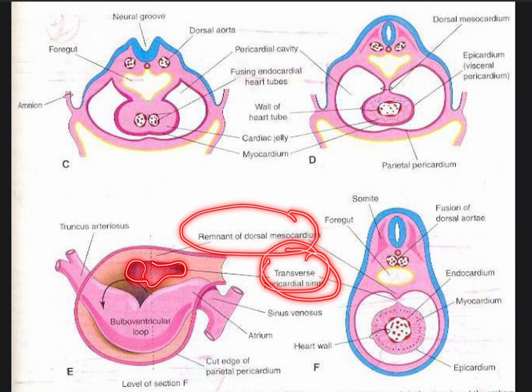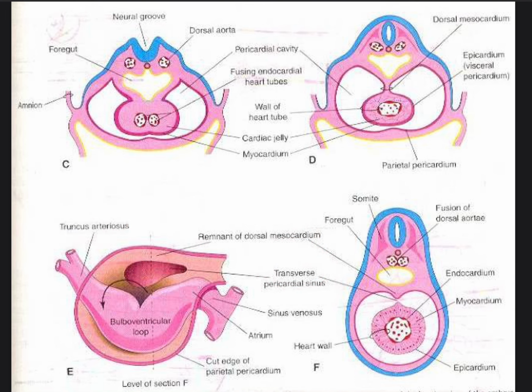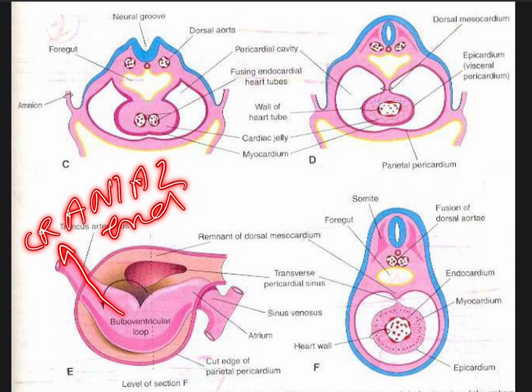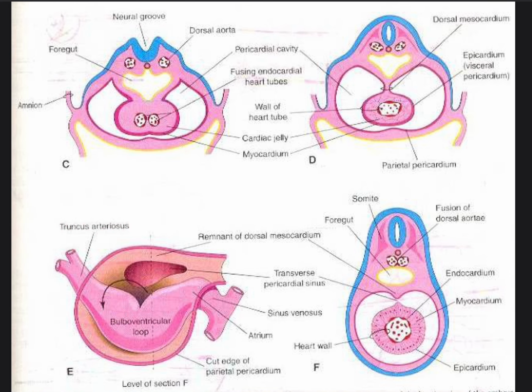This transverse pericardial sinus is separating truncus arteriosus from the inflow of blood, means truncus arteriosus is getting separated from the sinus venosus via this transverse pericardial sinus. This is the inflow of blood, caudal, and this is our cranial end. Okay friends, shall we move ahead?